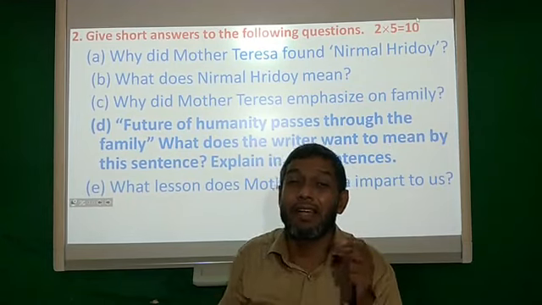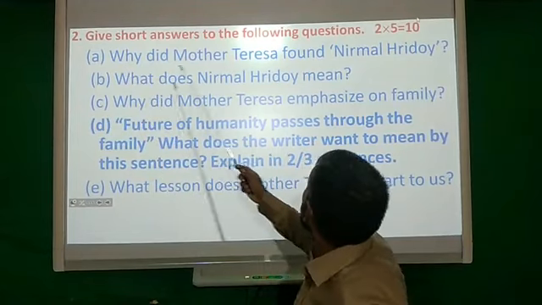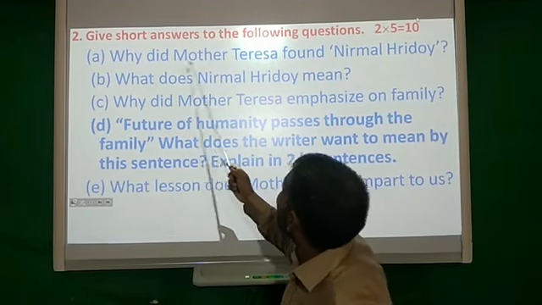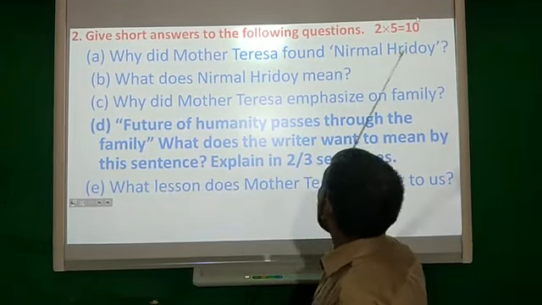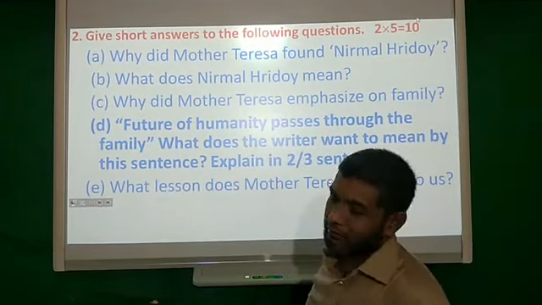And scanning means, here you can understand very nicely, just look at the board: why did Mother Teresa found Nirmal Hriday? And another question, what does Nirmal Hriday mean?